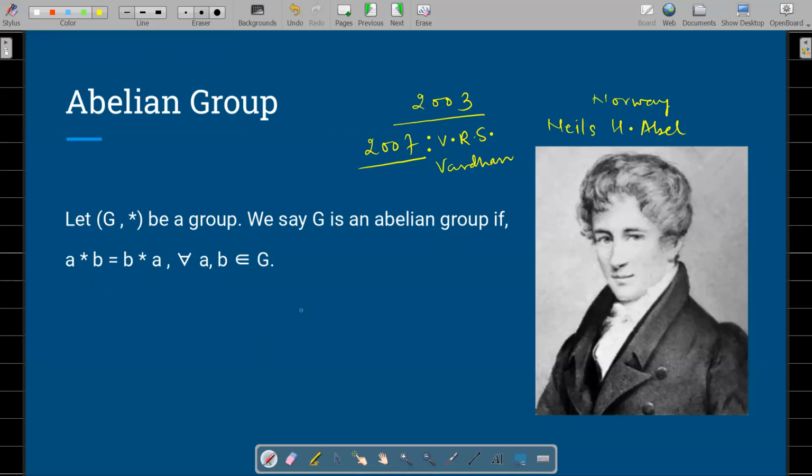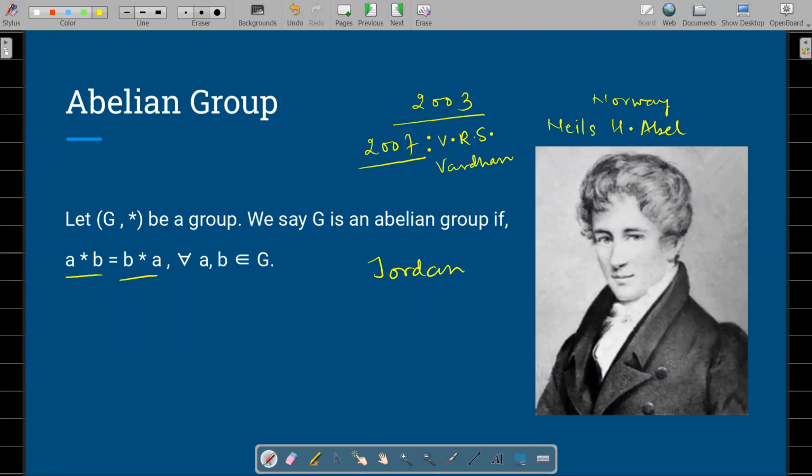In that case, the roots can be given in terms of the coefficients, and we wanted this condition. So later on, Jordan called such groups abelian groups, where we have A star B is B star A.